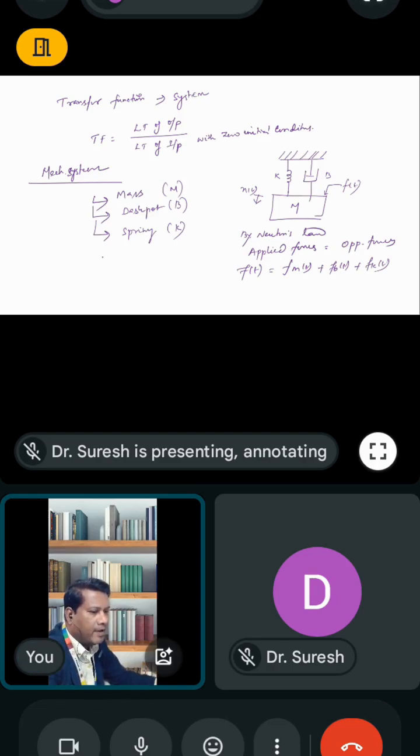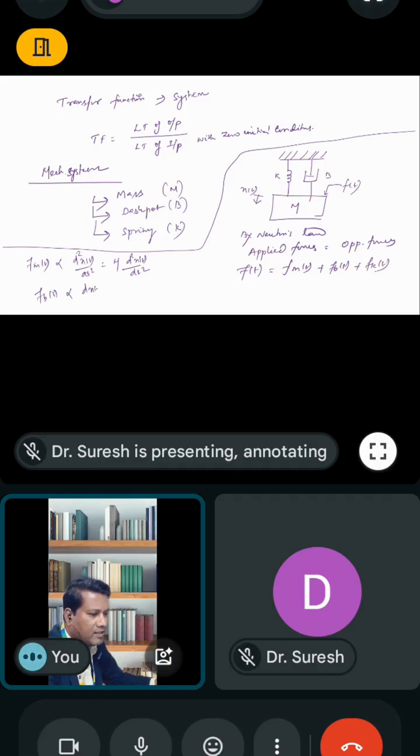In the opposing forces, Fm of t is directly proportional to acceleration, which is d square x of t by dt square. So we can write m d square x of t by dt square. In the dashpot, it is directly proportional to velocity, dx of t by dt, where x is displacement, so b dx of t by dt.